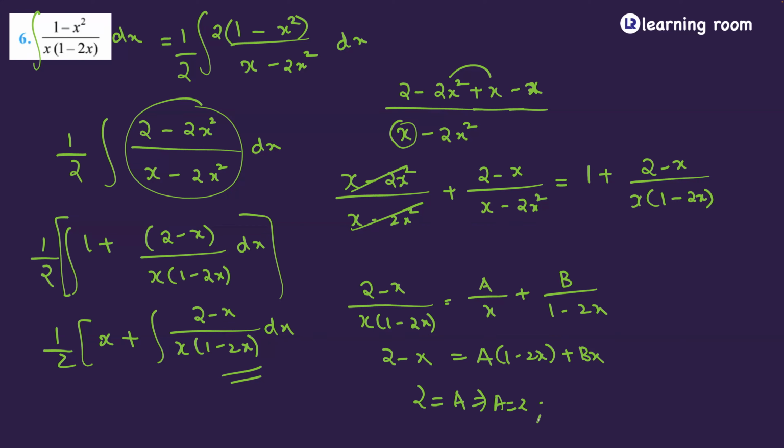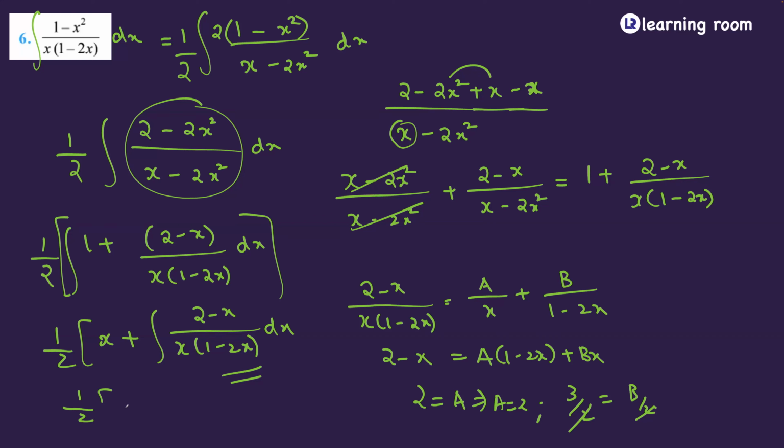For me to get the value of b, x is equal to half. So when I put x is equal to half, 2 minus half is 3 by 2, which is equal to b by 2. So b is 3. So what should the answer be?